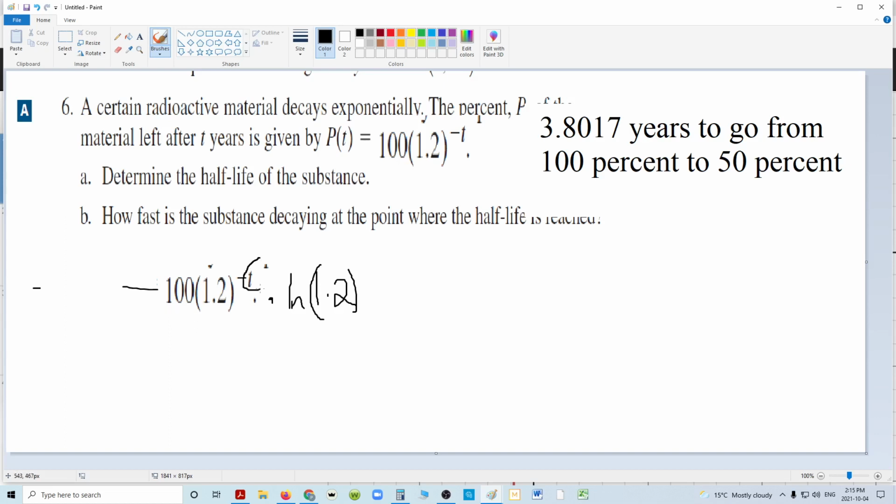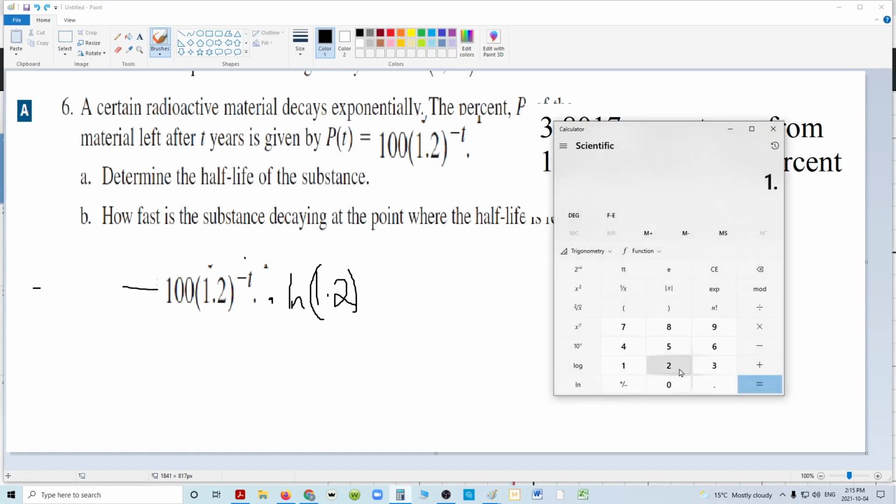If I set this to minus 3.81, I have to find out 1.2 to the negative 3.80. I get that, which makes sense. It's essentially a third.